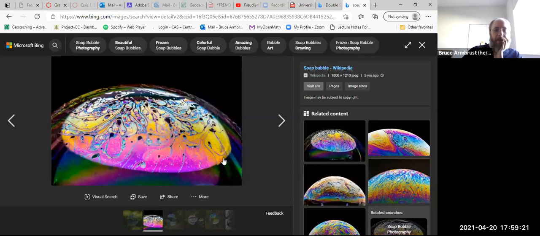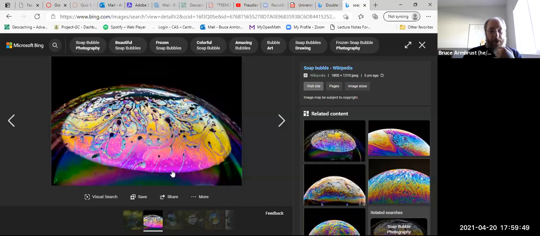Right, so here's a great example of this. And so you see all kinds of different colors. You've got the purples and the pinks and the yellows, and there's a little bit of green and blue. So we're seeing all these different colors, which makes you think rainbow, makes you think dispersion. But that's not actually what's happening here. It's not that those different light rays are coming at different angles and coming to your eye.